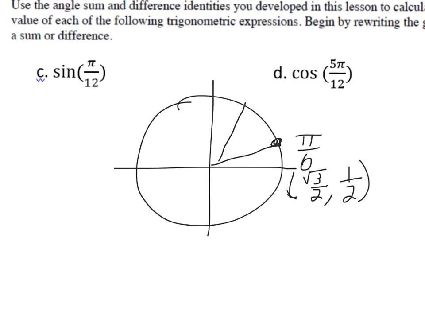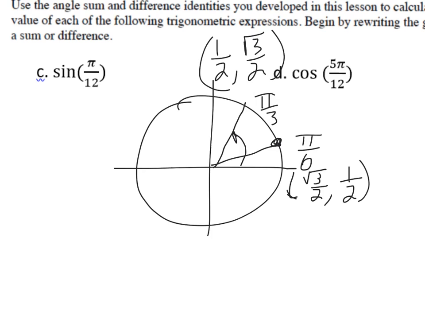And up here, you've got pi over 3 for an angle. And there's pi over 3. Its coordinates are 1/2, comma, square root 3 over 2.